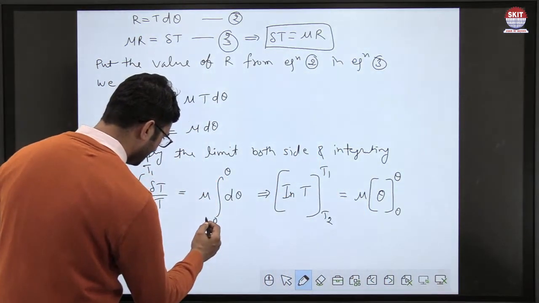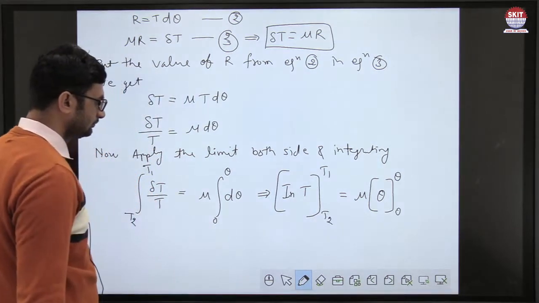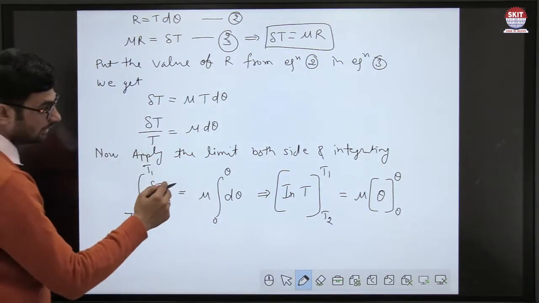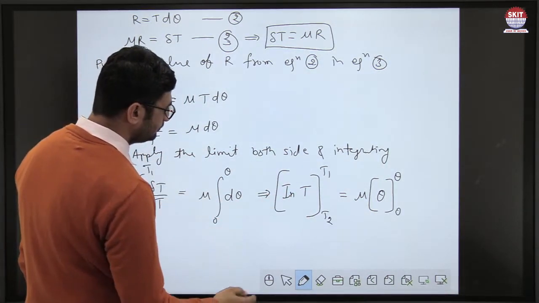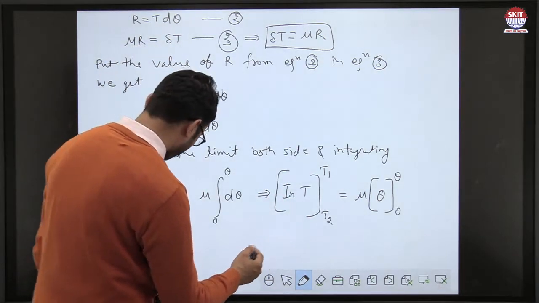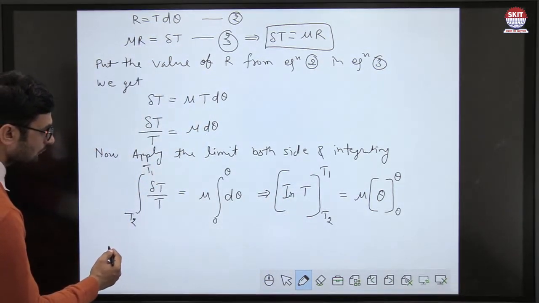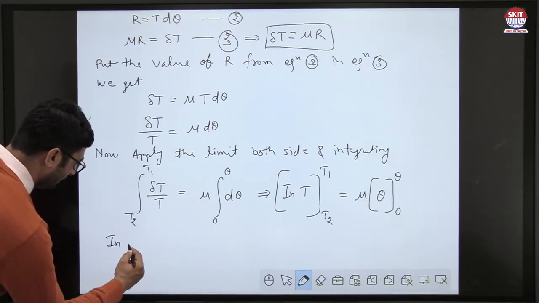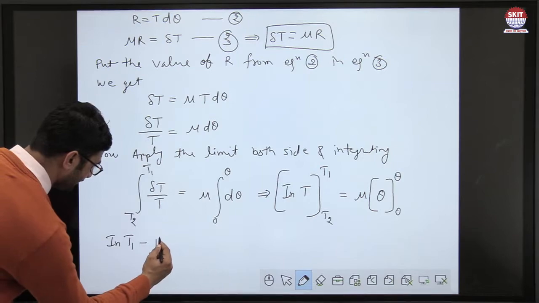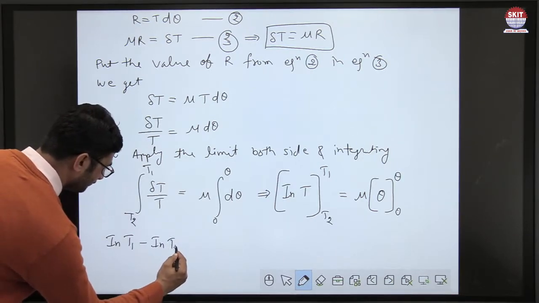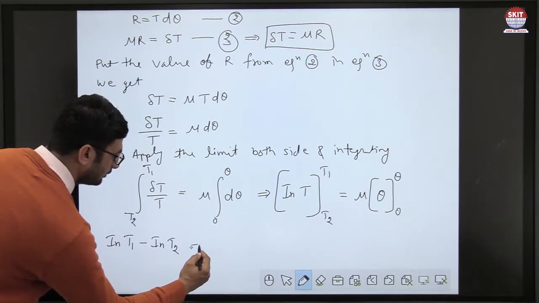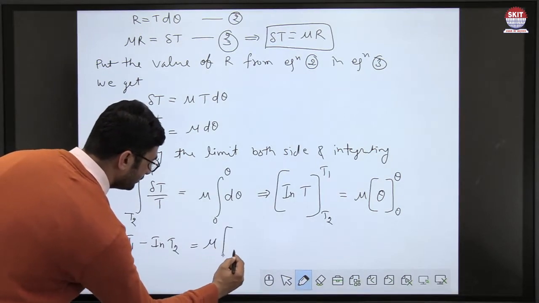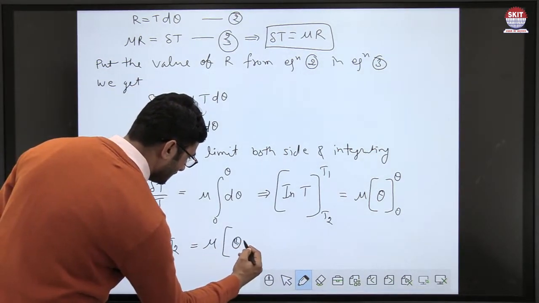So antilog T1 minus antilog T2 equal to mu theta minus 0.